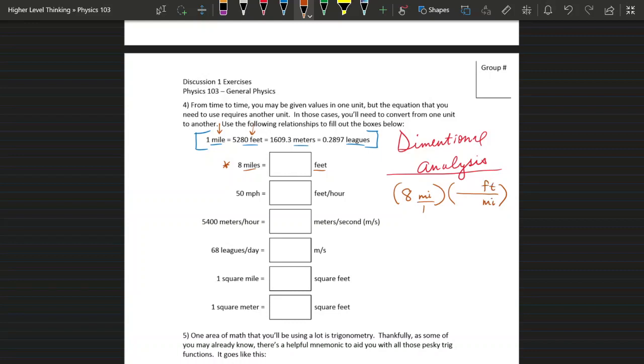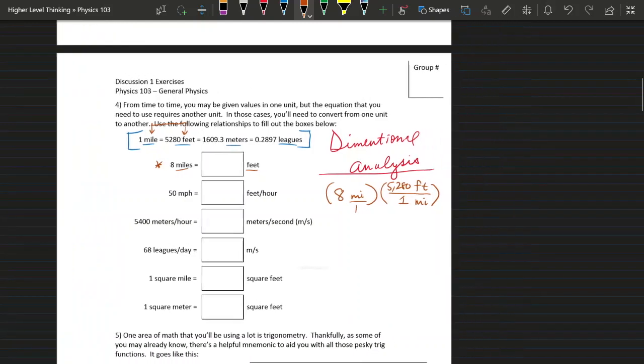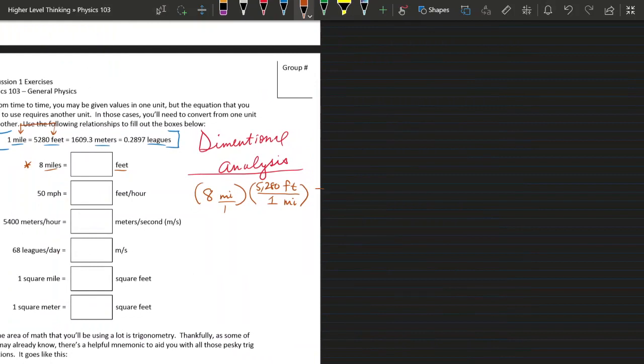Now I'm going to ask myself, how many feet are in a mile? And the answer is 5,280, and that aligns with our key. So if there's 5,280 feet in a mile, I am now ready to calculate and get the final unit, because miles up top cancels with miles down below, and I'm just left with feet as my final variable.